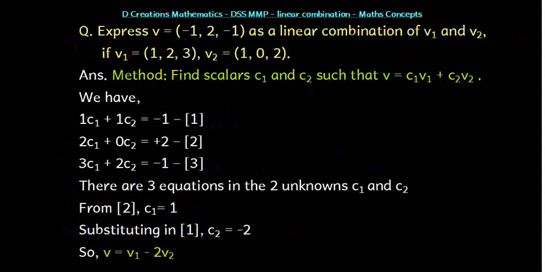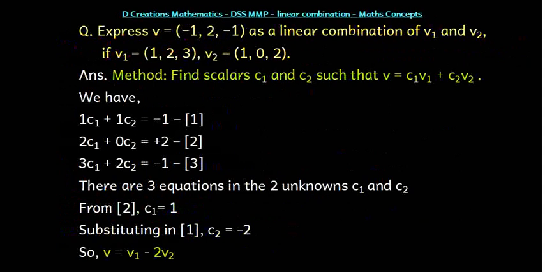So let us multiply each of these vectors with the scalar, add them, and express the result as v. Let me illustrate it for you. Consider the term c1v1. You are multiplying each of the components of v1 with c1. Similarly, when you say c2v2, you are multiplying each of the components of v2 with c2.